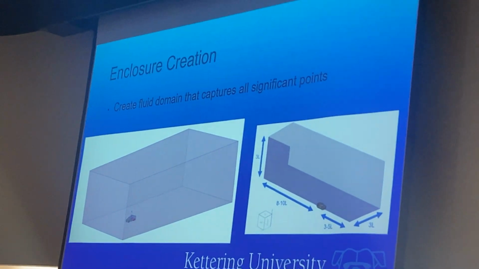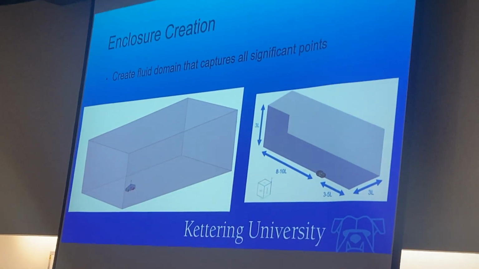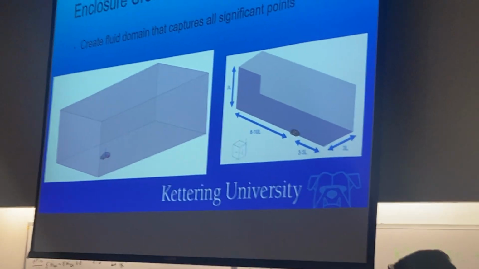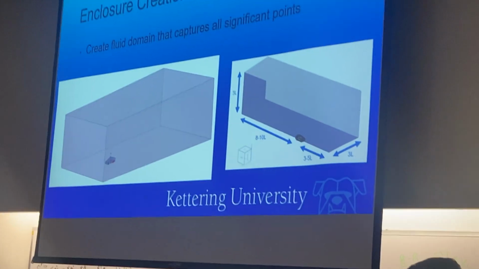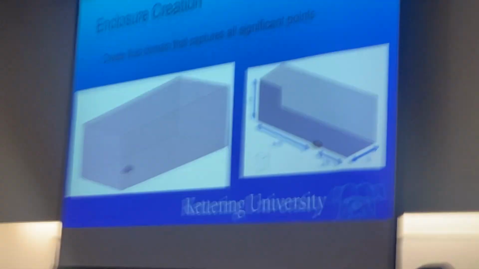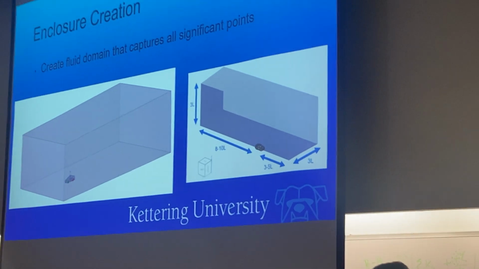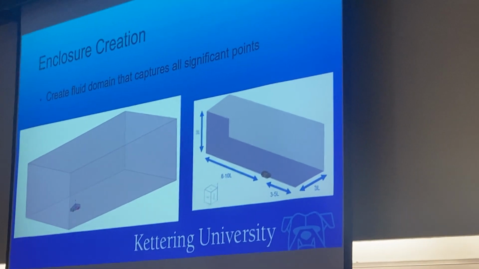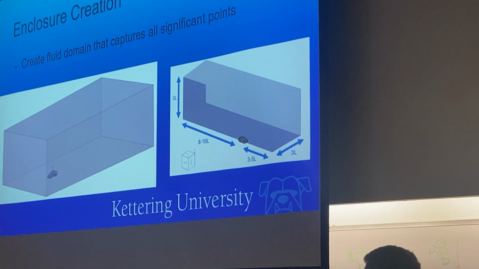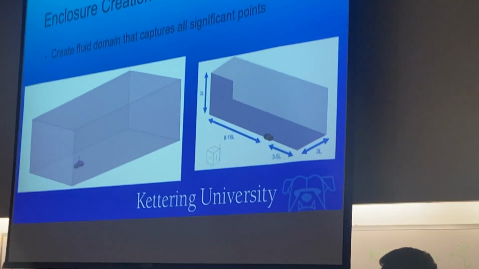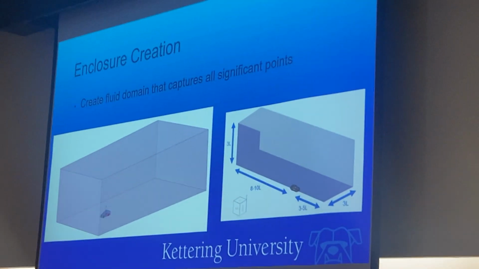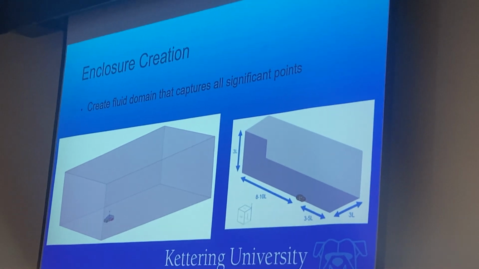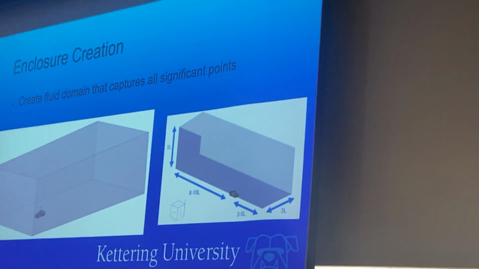So the first important part of doing CFD and making sure you can get accurate results is creating the fluid domain to be used for your simulations. And for a car aerodynamic simulation, you can see this image on the right here. It's recommended to use many multiples of the length of your vehicle in order to capture all of the significant points and to capture different wake fields that come from the wind passing over the car.